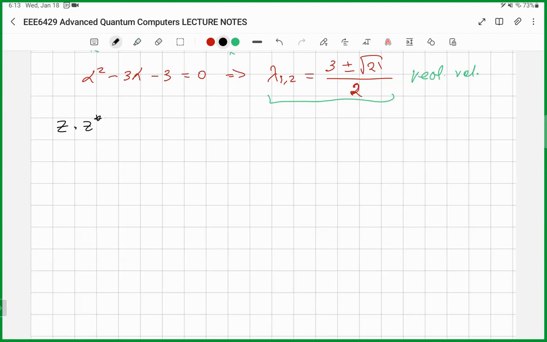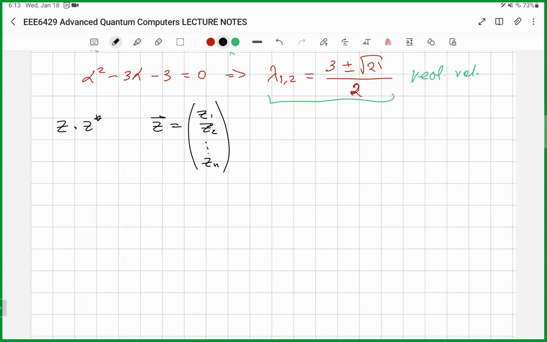And for a complex vector, like z, it has components z1, z2, etc., zn in a column. These components are complex valued. All of them are complex numbers.